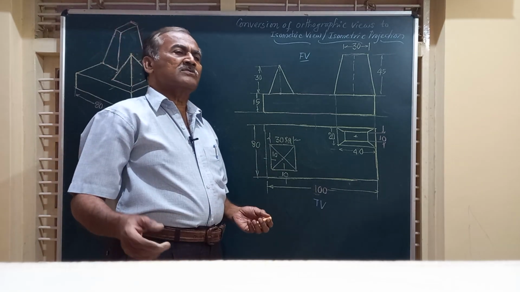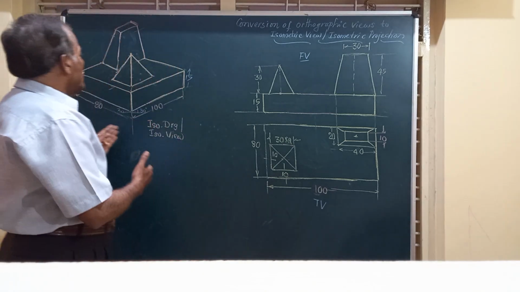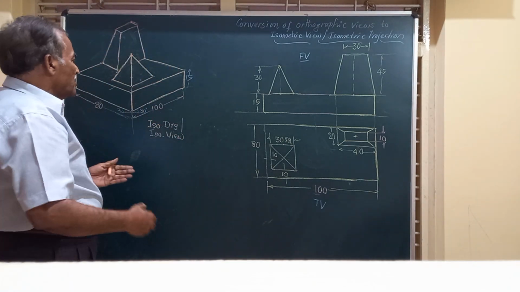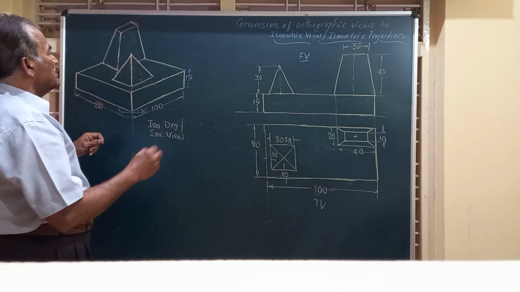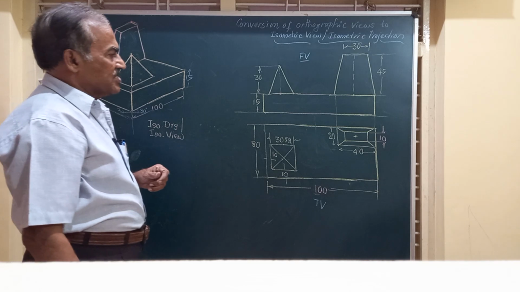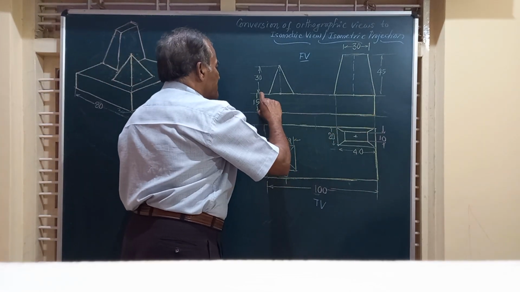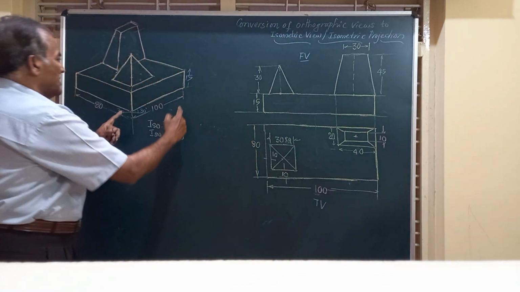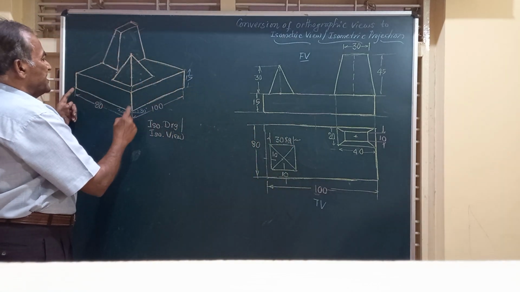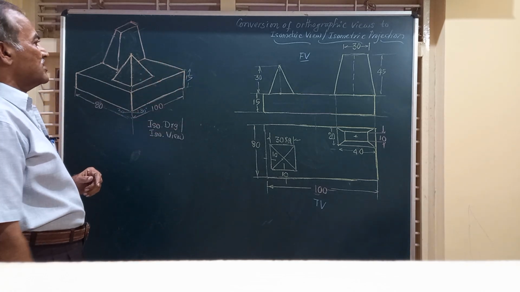Friends, just before closing this session, we need to check whether the isometric drawing we have got here is correct or not. How to verify? First of all, there is a rectangular block of thickness 15, length 100, width 80. Yes, we have got this rectangular block.